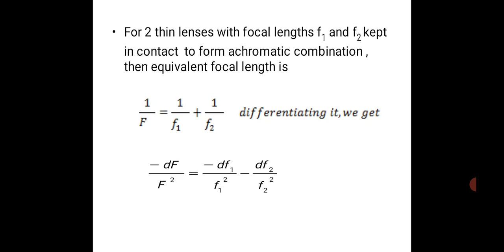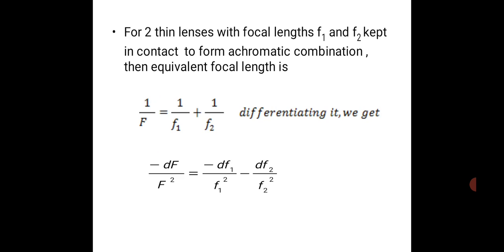For two thin lenses with focal lengths f1 and f2 kept in contact to form an achromatic combination, the equivalent focal length is given by 1 by f equal to 1 by f1 plus 1 by f2. Let us differentiate this equation.